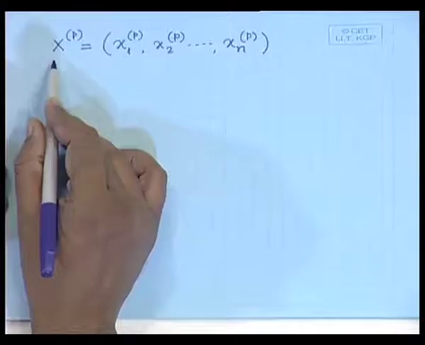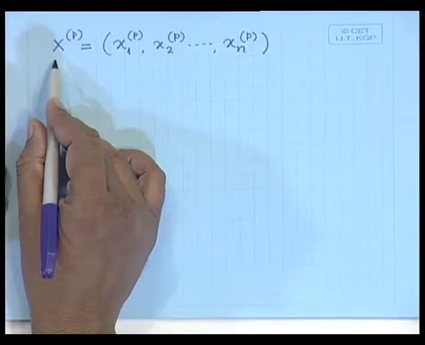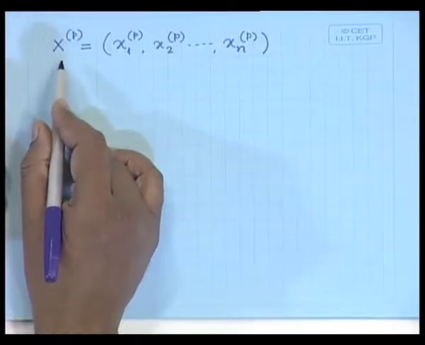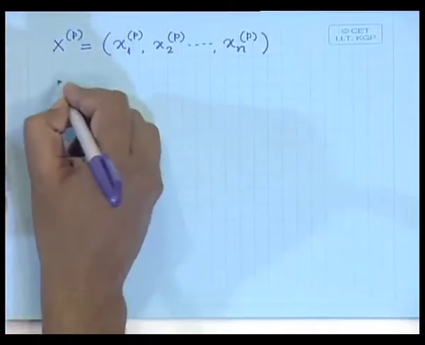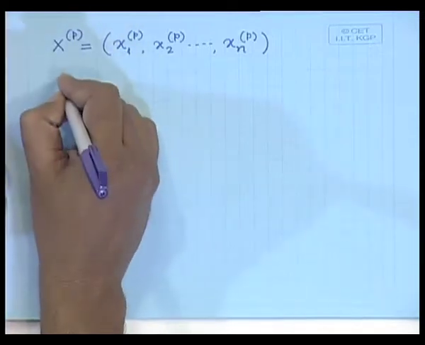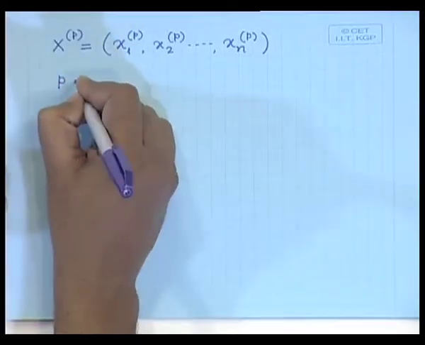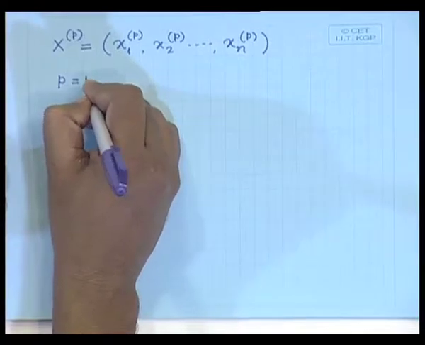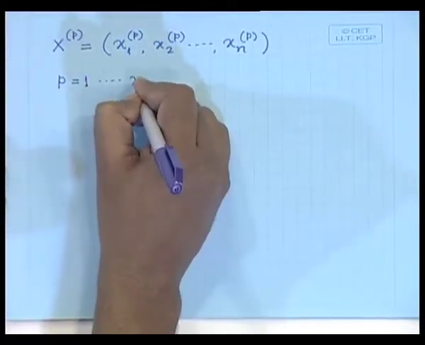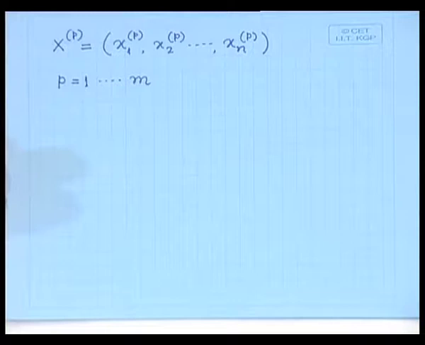This is the pth training vector, and I have say m number of feature vectors. That means this p can vary from 1 to m, as I have m number of training vectors.